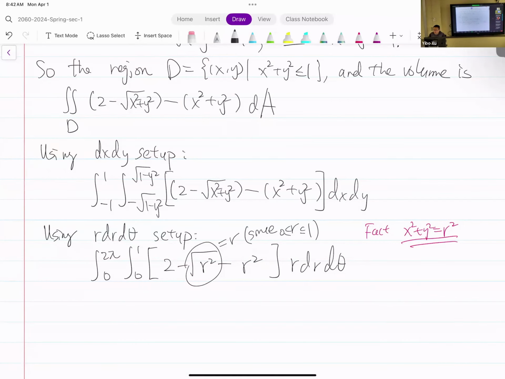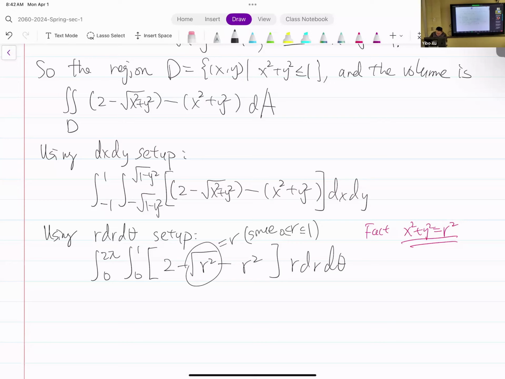So this is the key step where we translate everything from x, y to r, theta, right? And as long as we have a sum of squares, it will simplify to something about r only. That's good. And the rest is just calculation.